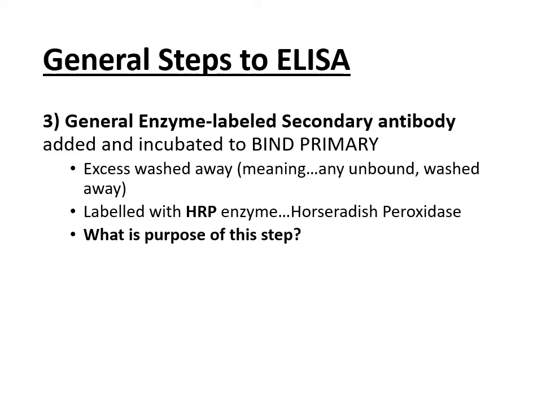So a lot of secondary antibodies have what's called enzyme labeling on them. Specifically, they like to label them with HRP enzyme, like your kit today. HRP enzyme is horseradish peroxidase. That will react with our final step in a minute, causing a color-changing detection for us to see.